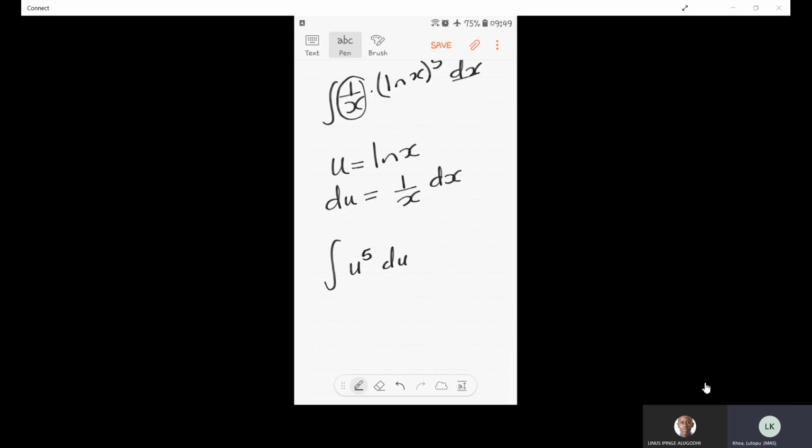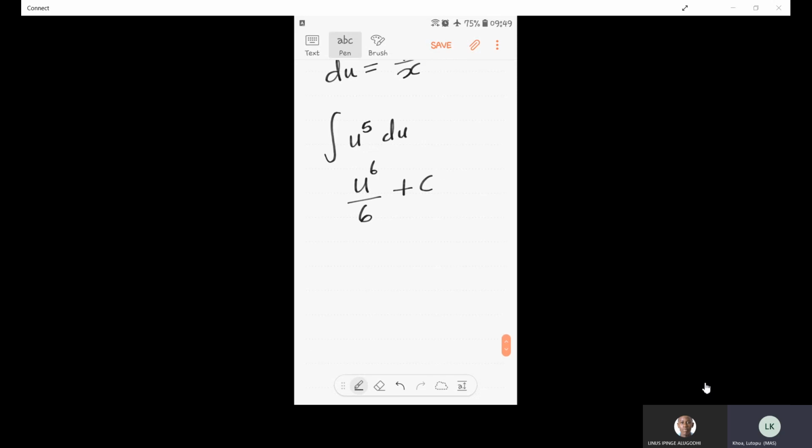And the integral of this, you just increase the exponent by 1 and then divide by your new exponent, and you add a c. Then ln of x is u, so I have ln of x to the power of 6 divided by 6 plus c.